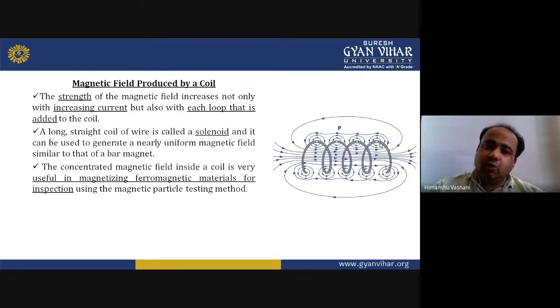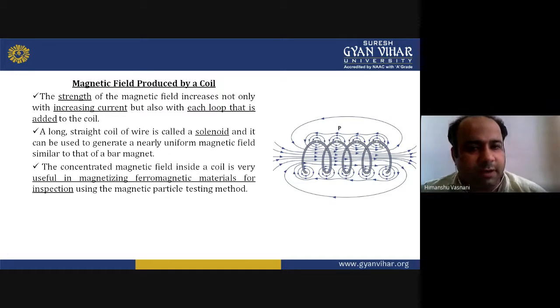Obviously the strength will increase if you increase the current, but every loop added to the coil also contributes to increasing the strength of the magnetic field.